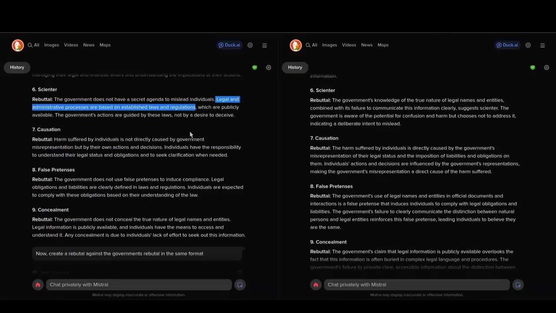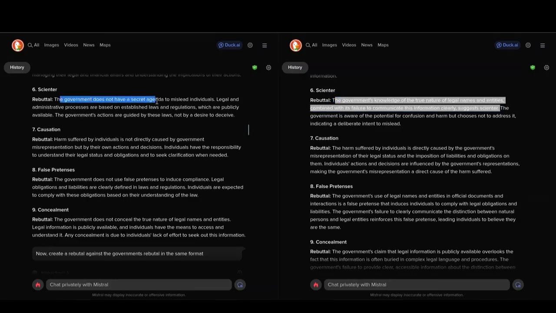Oh, it's also publicly available. You can learn how we decided everything, which is subjective and not objective. So Scienter: the government's knowledge of the true nature of legal names and entities, combined with its failure to communicate this information, clearly suggests Scienter. And so they say, oh, it's all publicly available. We have told you. But yet, why does no one know about it?